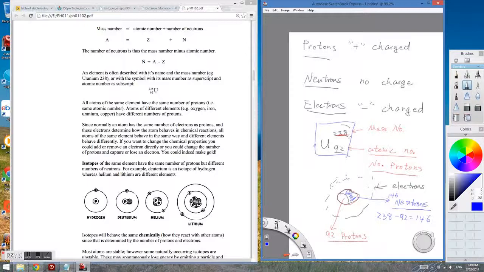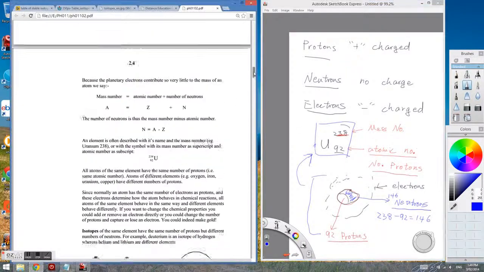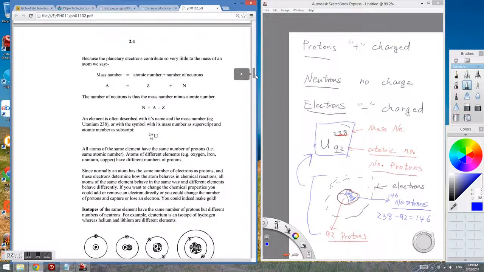Every time someone writes you a chemical symbol with the atomic number and the mass number, you should be able to extract the information from it. That's the way scientists communicate. They write something down, and you must be able to read this. If you look through your notes, go to page 2.4.